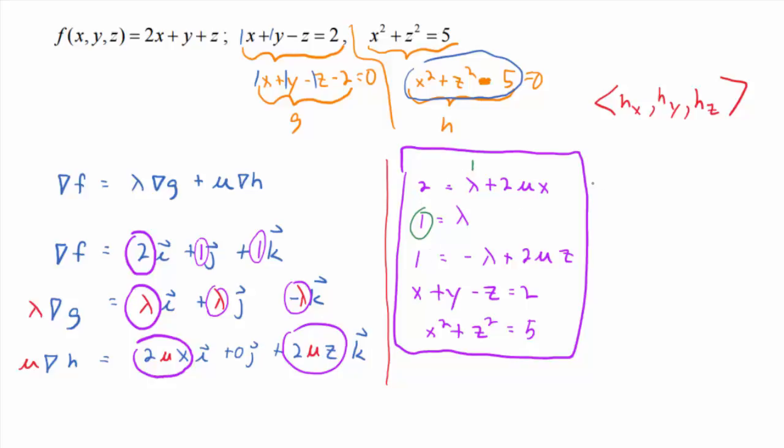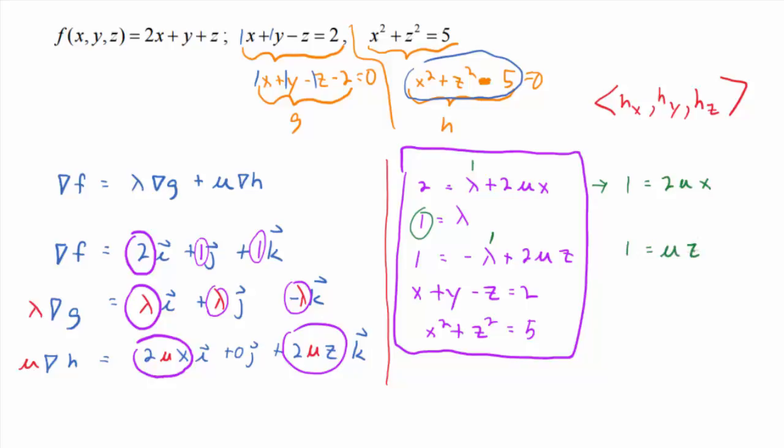What do I get? I get 1 equals 2 mu x. Okay, that's for the first equation. What do I get if I put the 1 here? And so that's minus 1, right? And then I add it to both sides. What do I get? 2 equals 2 mu z, which would be the same as 1 equals mu z.